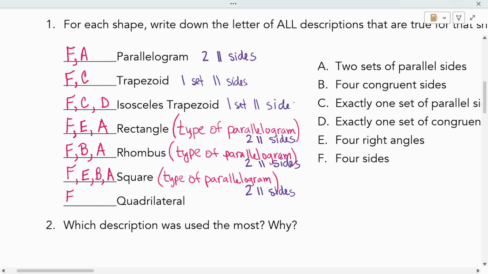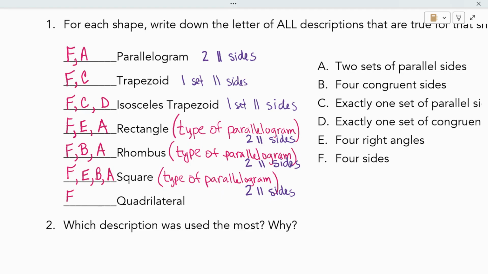And there's a reason that we can do this. So all of our quadrilaterals have 4 sides. So every single one of these shapes is a quadrilateral, but our quadrilateral can actually be broken into 2 or 3 categories.